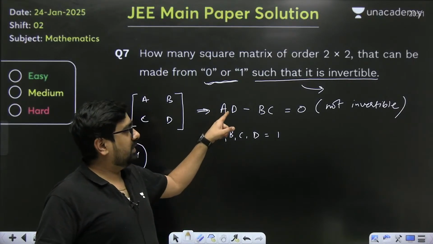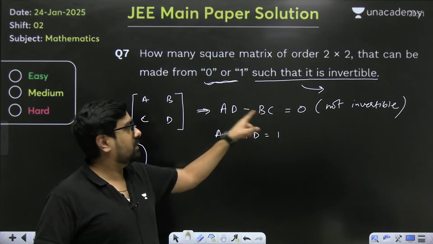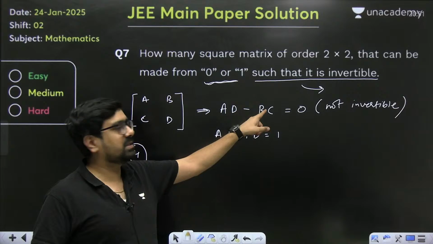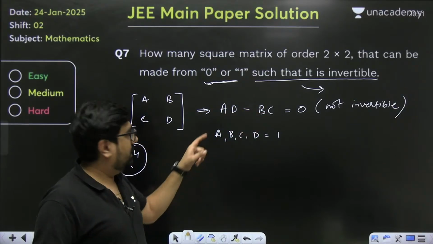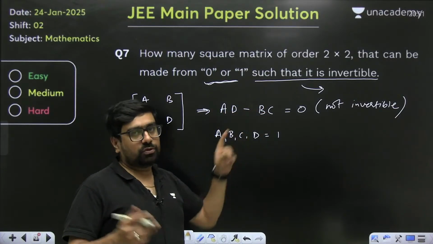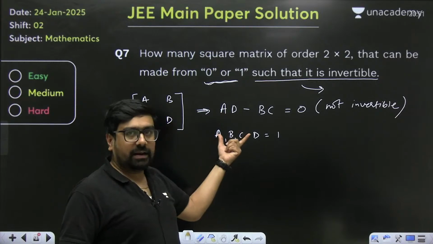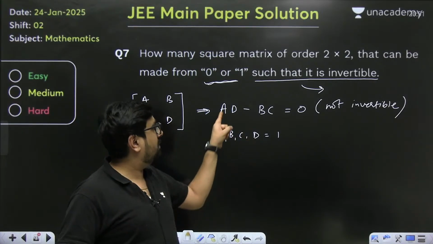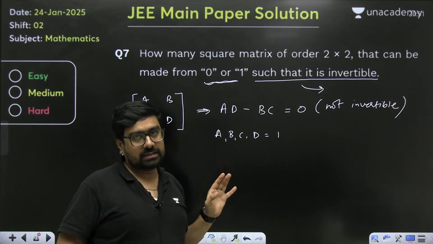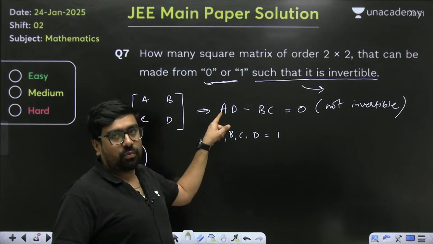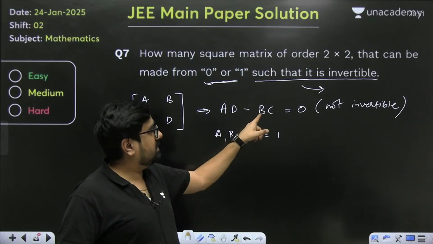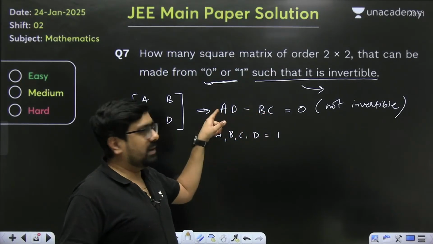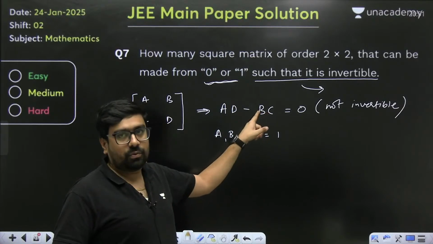This is 0, this is 0, this is 1, this is 0, this is 1, this is 0, this is 1. Right? 1 into 0 minus 1 into 0, 0. We have checked one case, all are 1: 1 into 1 minus 1 into 1, 0. Right? This is 1, this is 0, or this is 0, this is 1. Similarly, this is 0, this is 1, this is 1, this is 0.